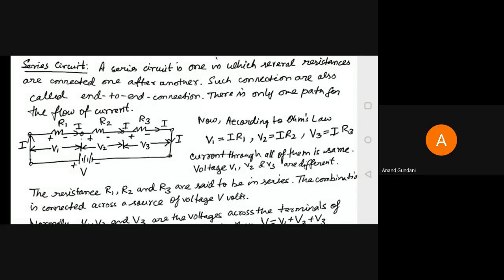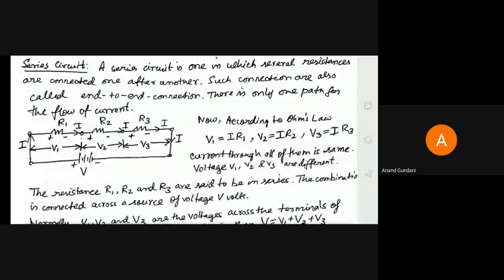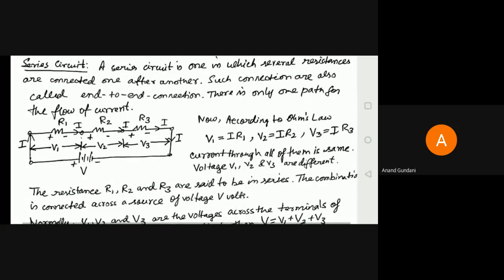Does anyone have any questions about why I am again writing V1, V2, V3? Because we already have the cell voltage V. Does anyone have any questions regarding that? What is V1, V2, V3?